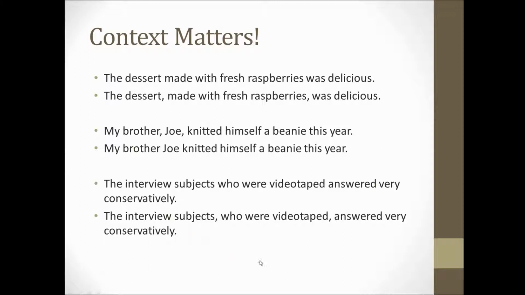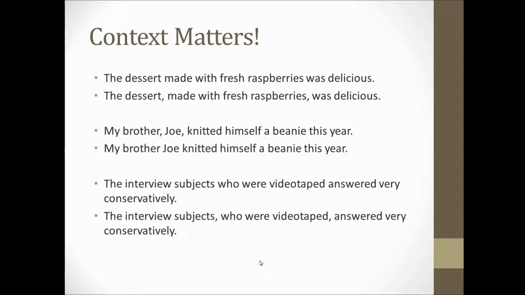And finally, these last two sentences: the interview subjects who were videotaped answered very conservatively, or the interview subjects, who were videotaped, answered very conservatively. In the first sentence, some interview subjects were videotaped and some were not.